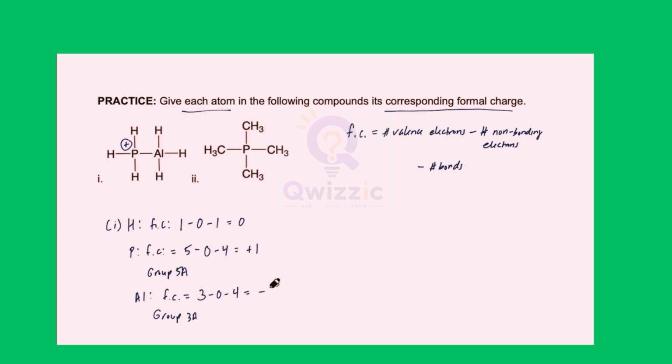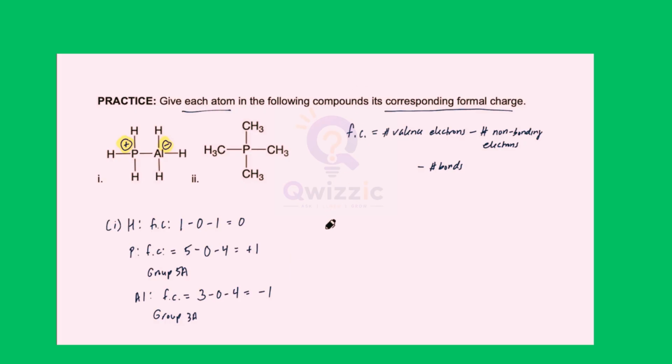So our aluminum has a formal charge of minus 1. So we'll put a little minus sign next to the aluminum. And this makes sense because there's no overall charge indicated on our molecule. The positive and negative charges balance each other out. So for molecule number 1, we just have a positive charge on the phosphorus, a negative formal charge on the aluminum.